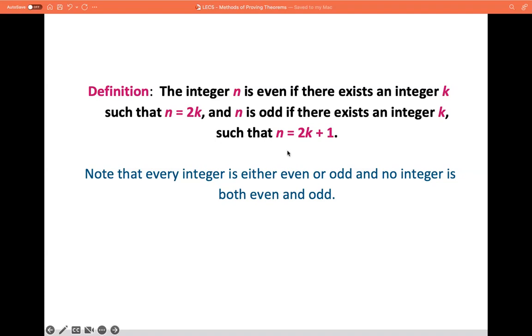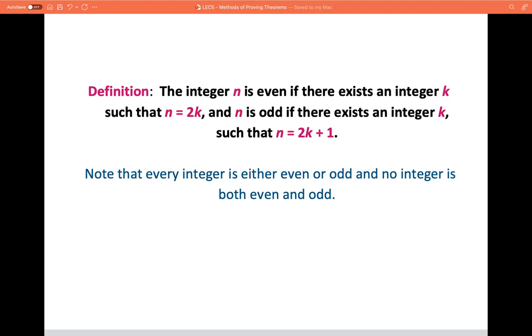Okay, so 2 times 2 plus 1 results in 5. If we have an odd integer 7, then that is equivalent to 2 times 3 plus 1, where k is equal to 3.